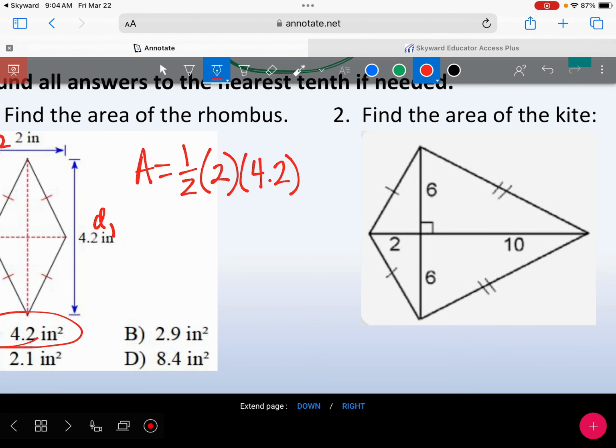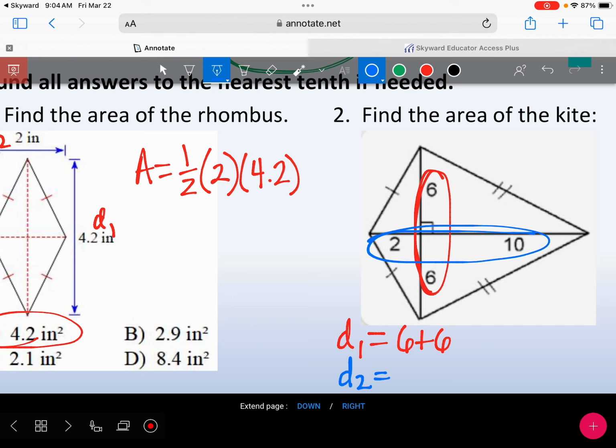To find our diagonals, we need to add. So diagonal 1, we're going to add the 6 plus 6. And diagonal 2, we're adding the 2 plus 10.